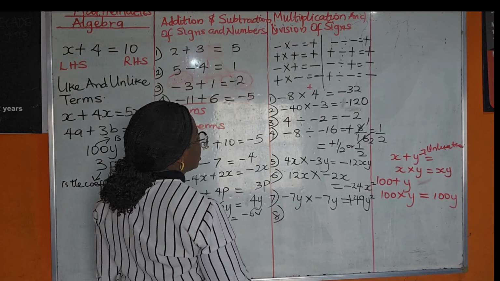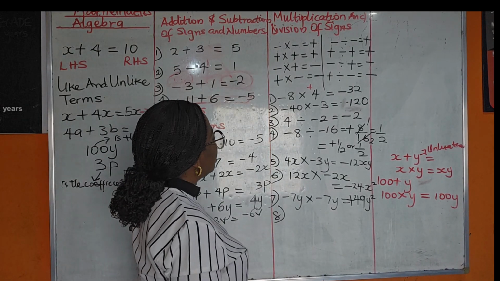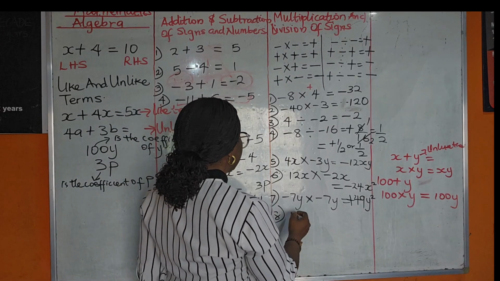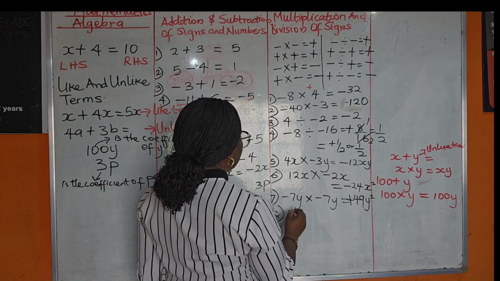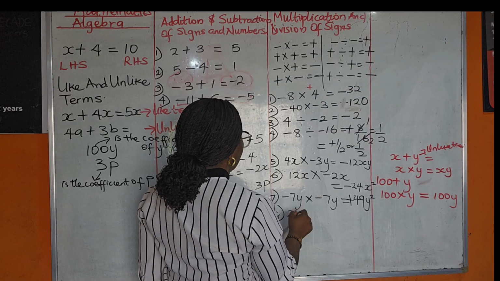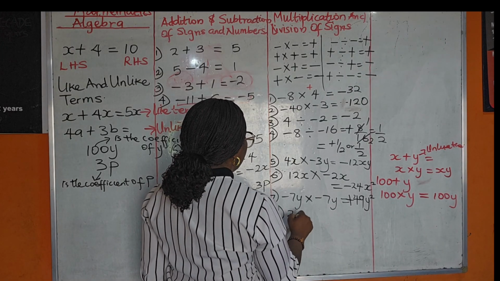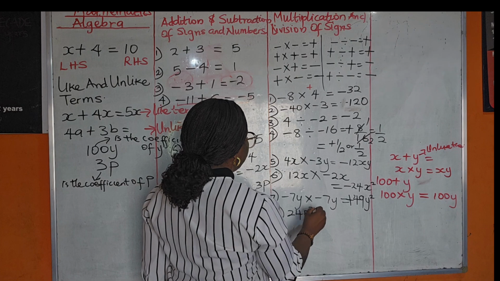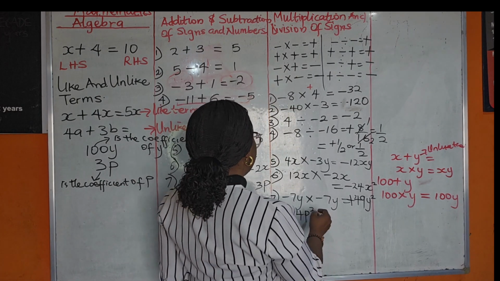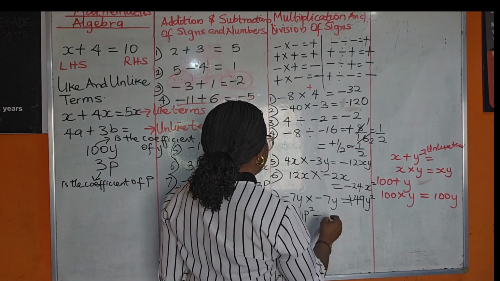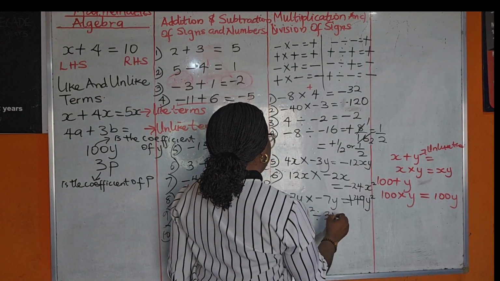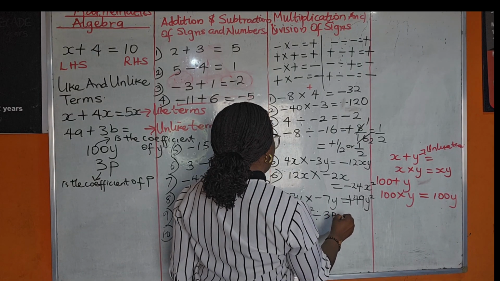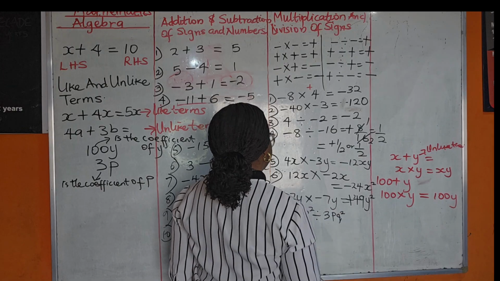Next one is, if you have something like this: 24p squared divided by 3pq squared.